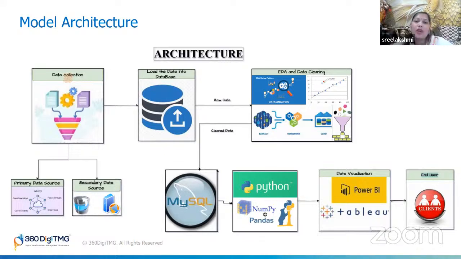We have to transform it so that the data is unbiased and fair. We have to keep our data free from outliers, and if there are any missing values, we check there itself and fill them with some fillers. This is the transformation technique. After that, we load the data into our database.